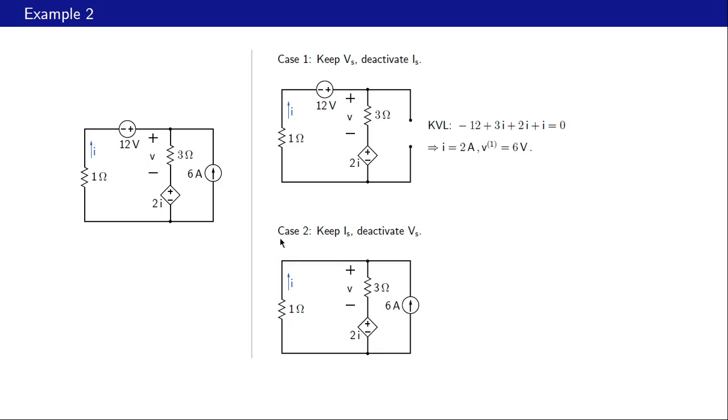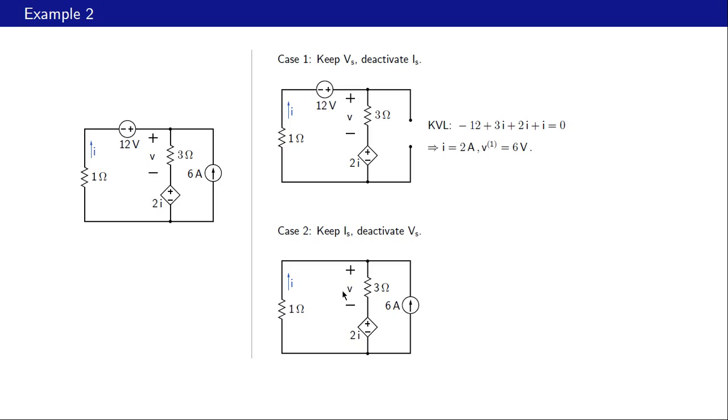Let us now consider the second case, in which we keep the current source and deactivate the voltage source. So here is our current source, and we have deactivated this voltage source. That means we have replaced it with a short circuit. Alright, now how do we obtain I or V in this case?